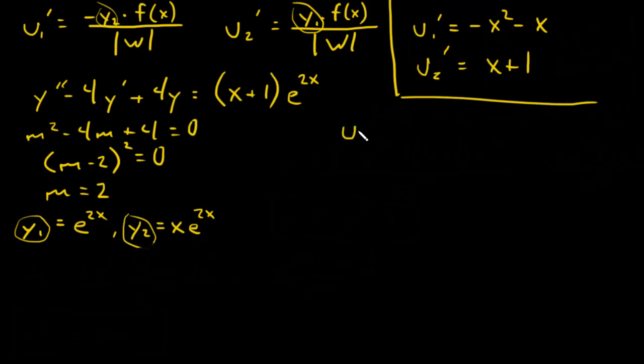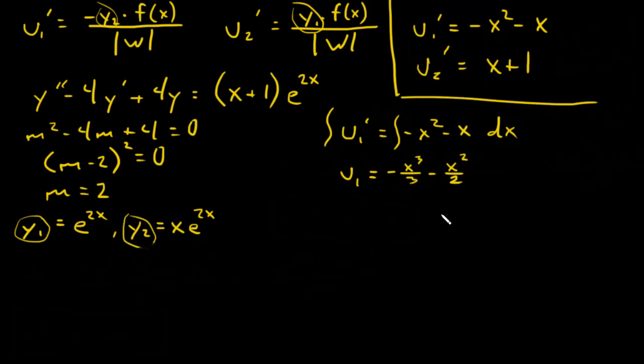Well, u1 prime is equal to negative x squared minus x. If I take the integral of both sides, I'm going to wind up with u1 equal to the integral of negative x squared minus x, which is just negative x cubed over 3 minus x squared over 2. I don't have to put the c there because I'm working abstractly with this. So that's my u1.